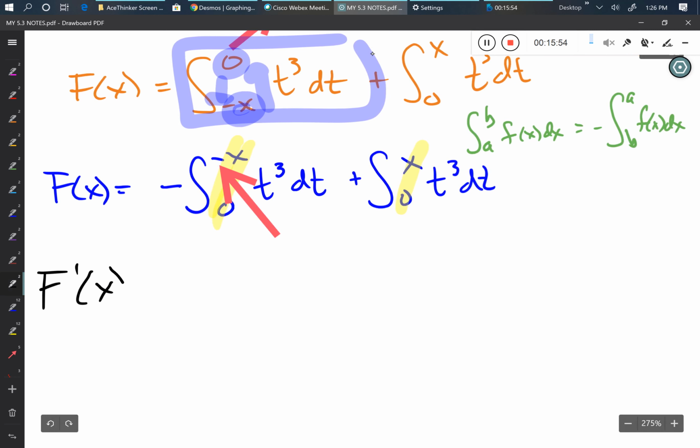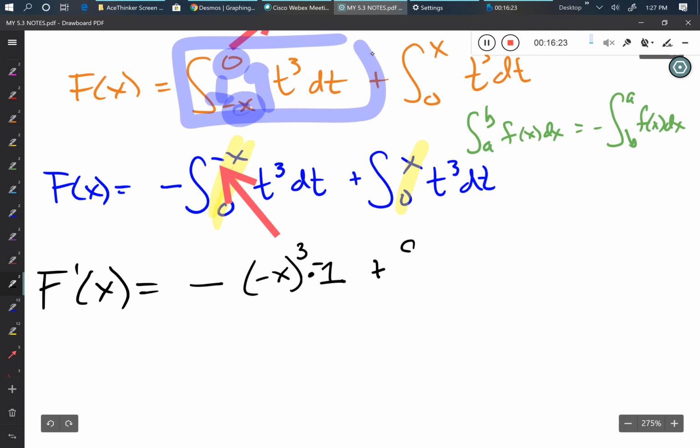So, now that I know what to do, I can actually start taking the derivative. So there's a negative. When I do a derivative of an integral, I take the integrand, put in the upper limit of integration, and multiply by the derivative of the upper limit of integration, which in this case is a negative 1.